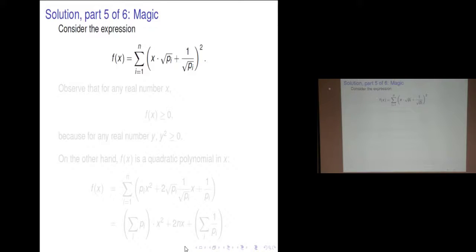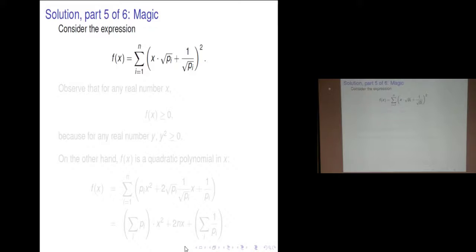Okay, so let's look at this expression. The expression is a sum of n terms. The n terms you consider are in this funny form. Why it is in this form will become clear in 1 minute.